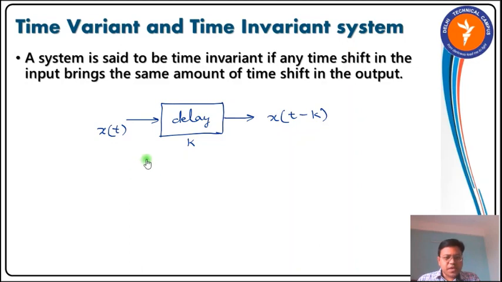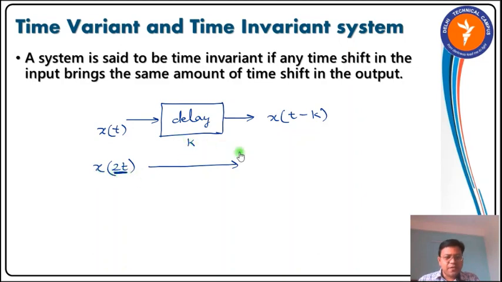Now say if I have a signal of 2t inputted into the same system, and this signal will cause a delay of k into it, then what will be the output? In the output we will see now the time in the input signal is this whole factor, not only this t, but this whole factor is the time in here.